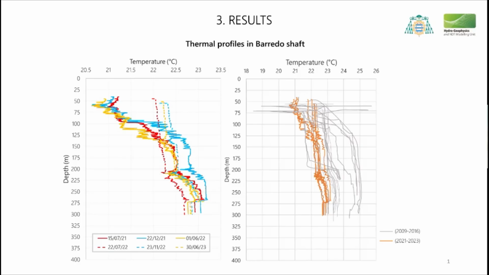On the right, we compare historical profiles with more recent ones, and we can see a general trend over time, but after more than 10 years of operation, the system appears to have reached a relatively stable thermal configuration, with temperatures between 21 and 23 degrees Celsius along the profiles we measured.